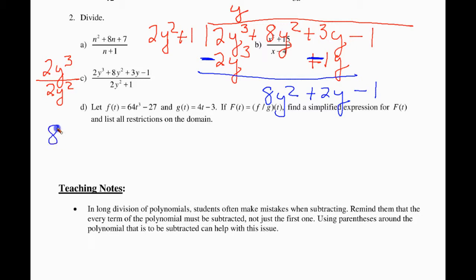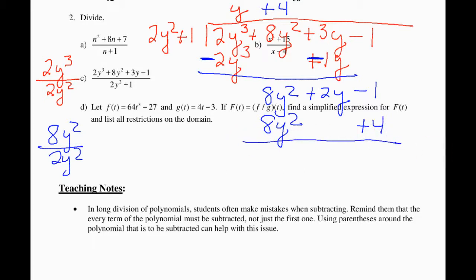Now we have 8y squared divided by 2y squared, and this is going to go 4 times. So we go 2y squared times 4 is 8y squared. 1 times 4 is 4, plus 4. Put our line, change our signs.